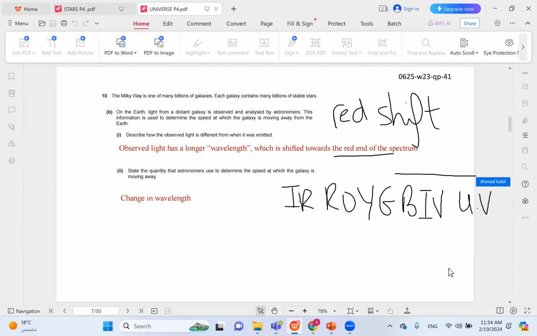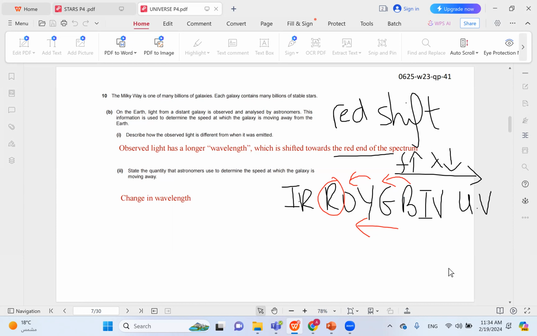And as we move in this direction, lambda decreases and frequency increases. So from far away galaxies, the light seems to be shifted in this direction towards the red. So if something was originally yellow, it might have a more orange glow. If something was originally blue, it might have a more green view.